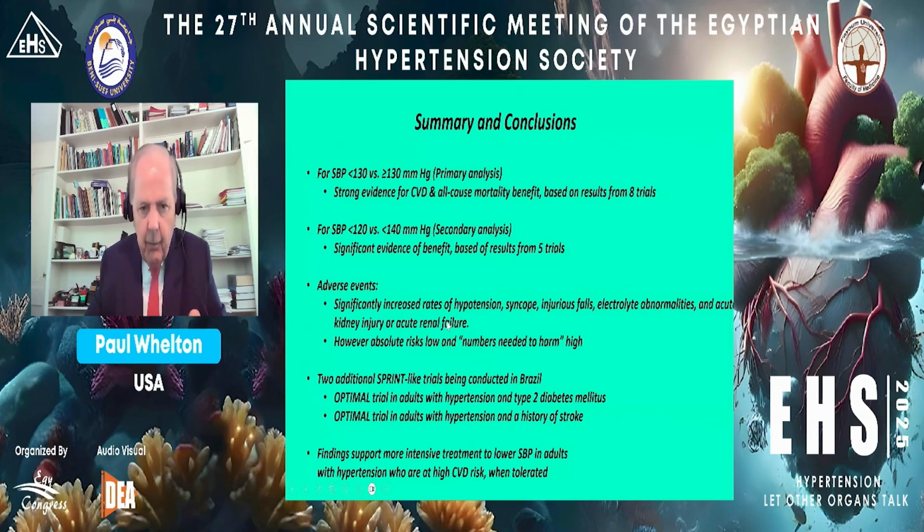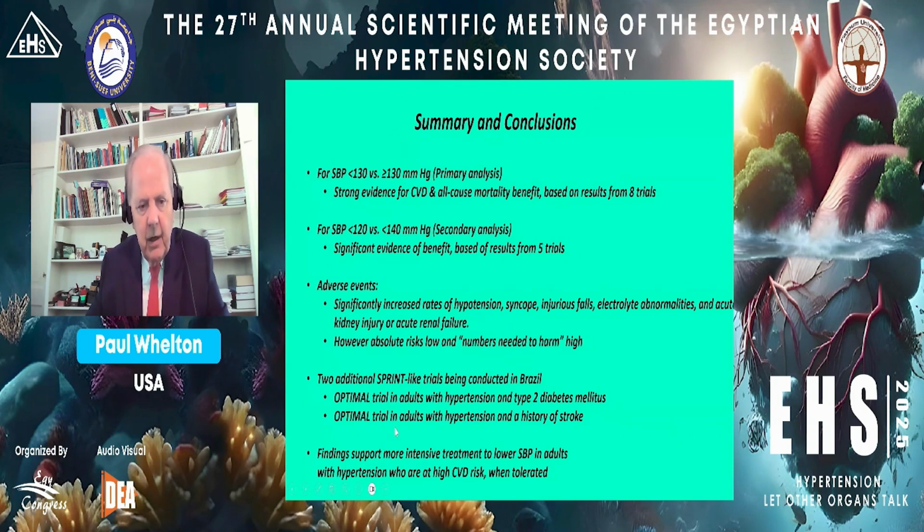These are clinician reports now, not verified. However, they were infrequent, and you needed to treat a lot of people to see any of these outcomes. So on balance, the benefits were very important and much more common than the adverse events.